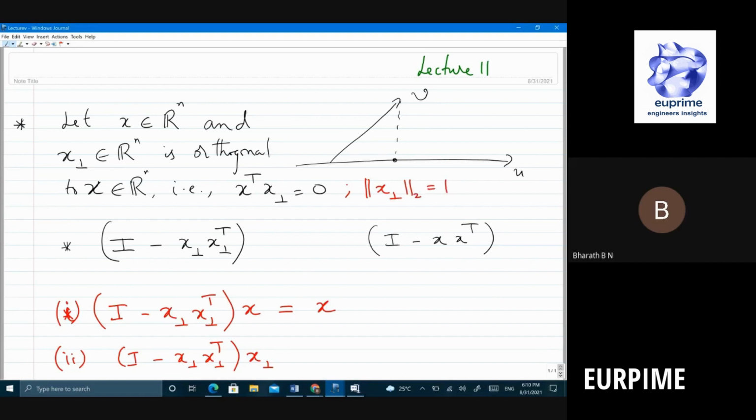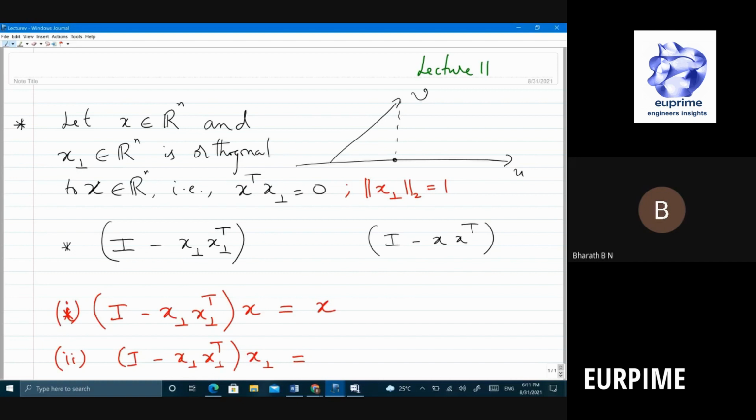I can always do that, right? I can take the perpendicular and normalize it. What can you say about this? What is X perp transpose X perp? It's the norm of X perp square. What is norm of X perp square? It is 1, right?